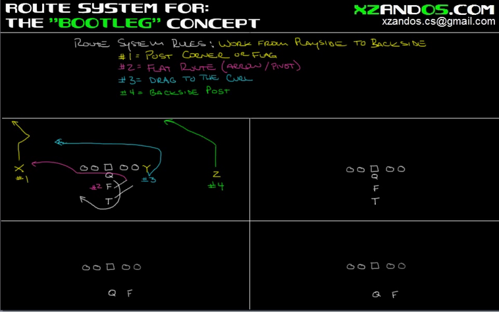Okay, finally, number 5. There is always 5 receivers in 11-man football. Not always. There's always exceptions to the rules, but in most cases, number 5 is going to carry out the block, or excuse me, carry out the fake.